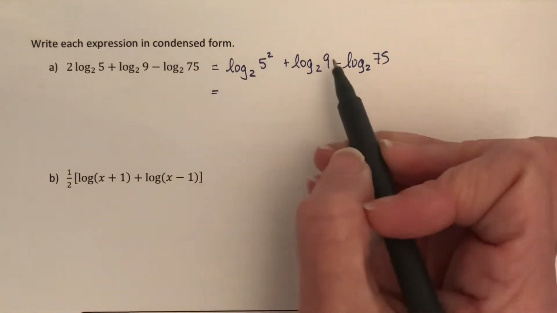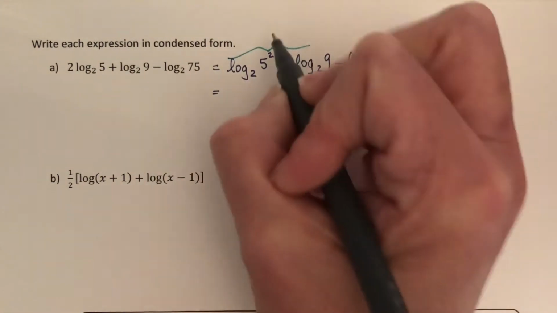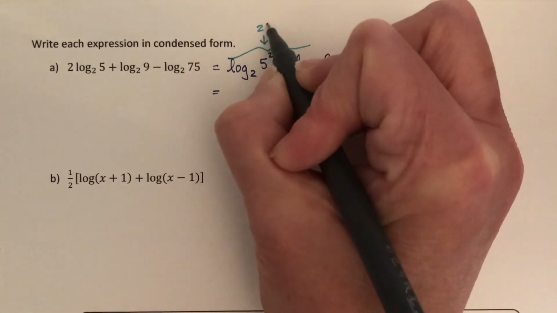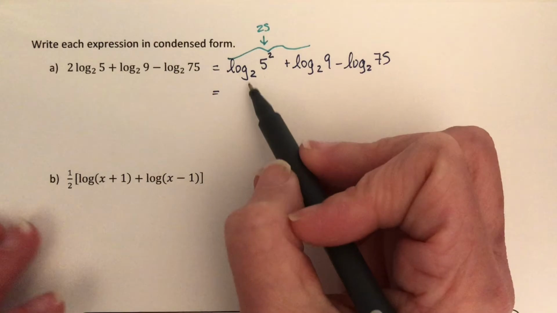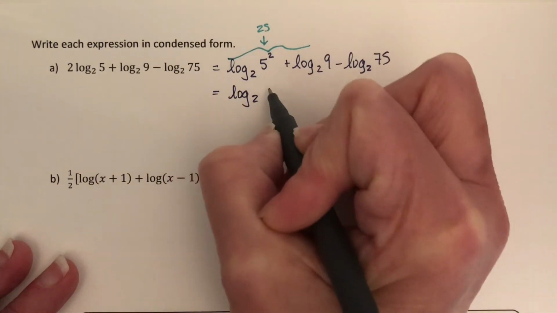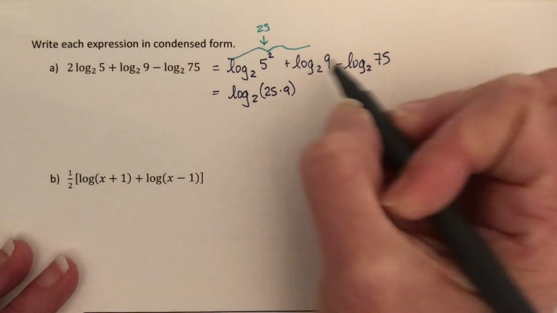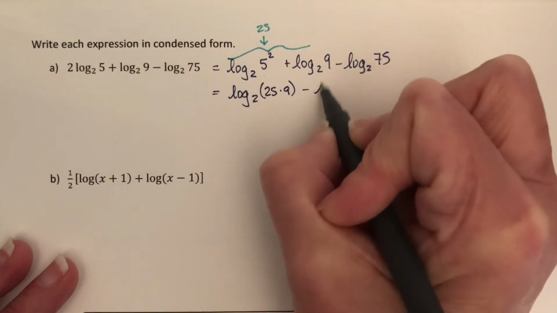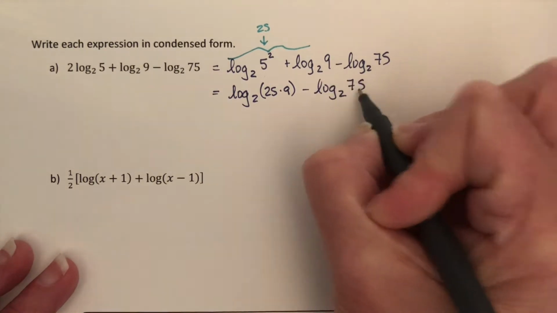Now let's combine these two, and that's 25 right there. So what I have here is log base 2 of 25 times 9, minus log base 2 of 75.